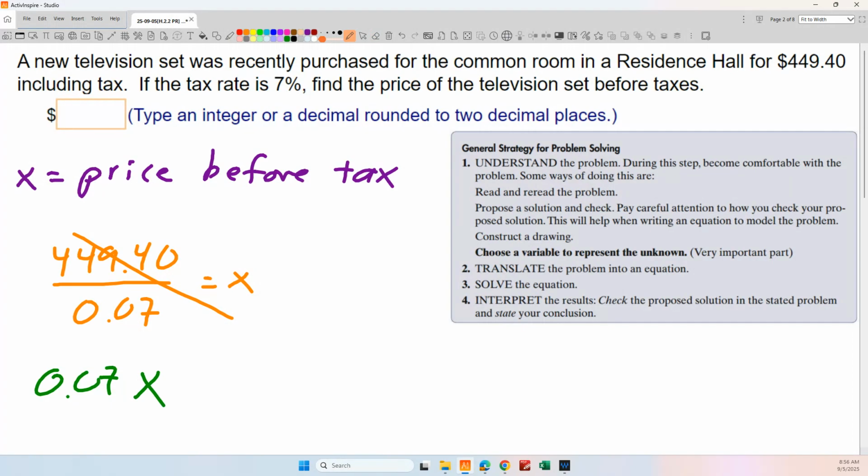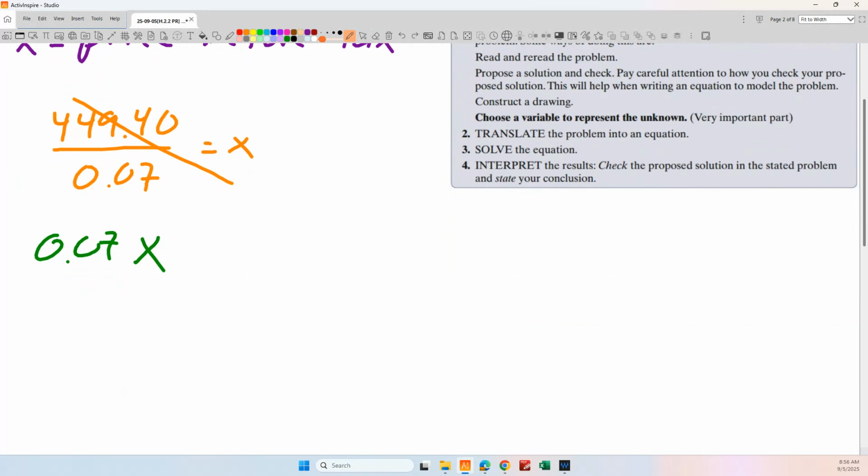Everybody agree? Okay. So we could subtract that from 449.40, or another way to think about it is, what would happen if we added that to the original pre-tax price? What should all of that equal? That should equal the 449.40. Right? The original price plus the additional tax amount equals the price after tax.